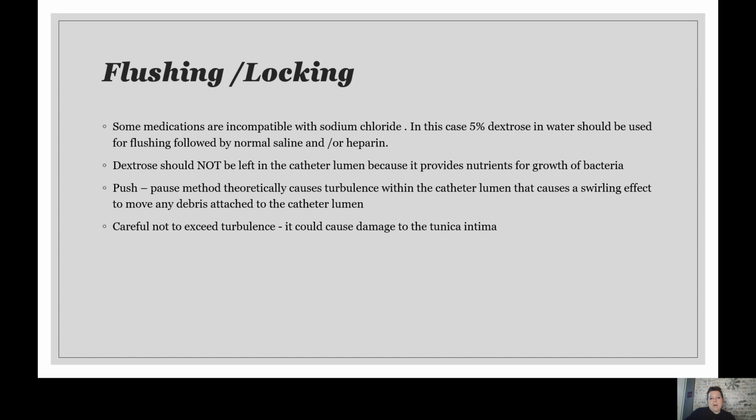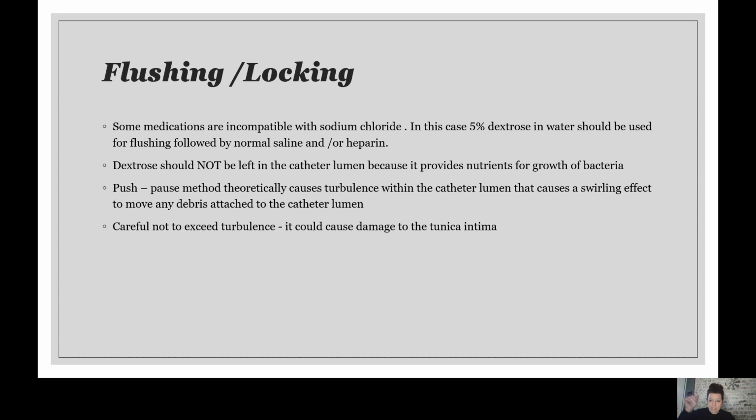So the push-pause method theoretically causes turbulence within the catheter that causes a swirling effect to remove debris attached from the catheter lumen. So instead of just slow and steady, it's push-pause, push-pause, push-pause. And again, just think about washing something out.